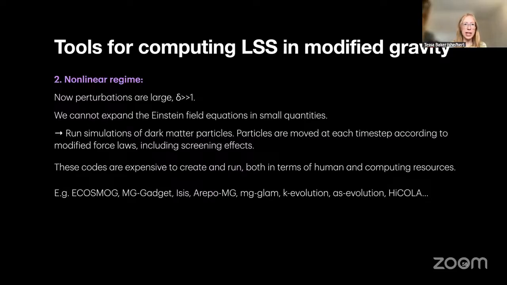So you definitely can compute a power spectrum in your modified gravity theory in linear theory. You don't actually need to do that. As long as you set the initial conditions up right, the simulation will give you predictions for the full range of structures, the full range of scales.